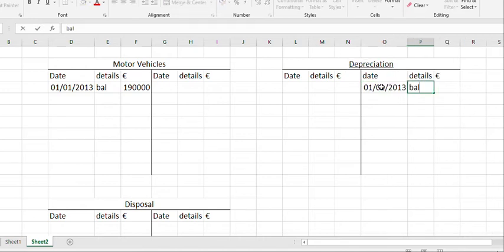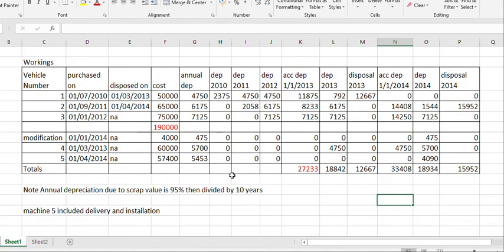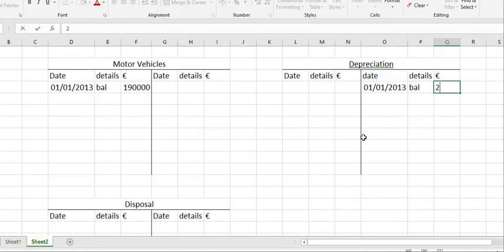Details, opening balance, and if we go back to sheet 1, it's the two things marked in red, 190,000 and 27,233. Okay. So now we'll go through in chronological order, so by date.